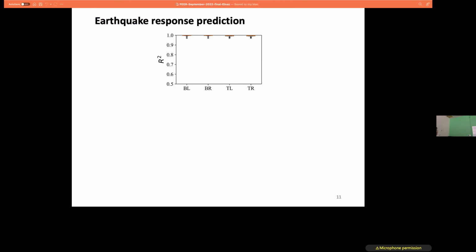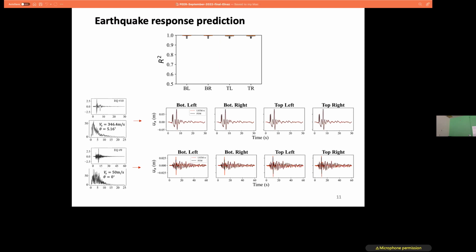So this is how the results look when, again, I do prediction under the airspeed excitation using different durations, and you see that for all cases, the R² value is close to 1. That shows the goodness of performance for this model. And if we take a look at 2 of the airspeeds, here is airspeed number 10, you see that we have a very good prediction for the response at all 4 corners.